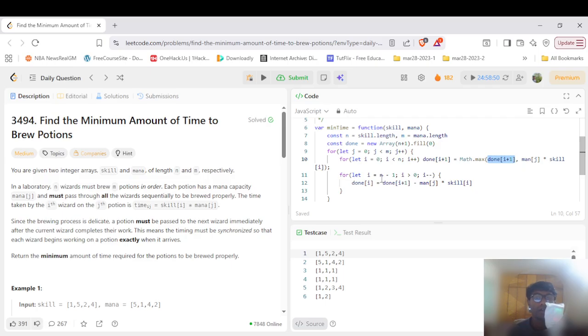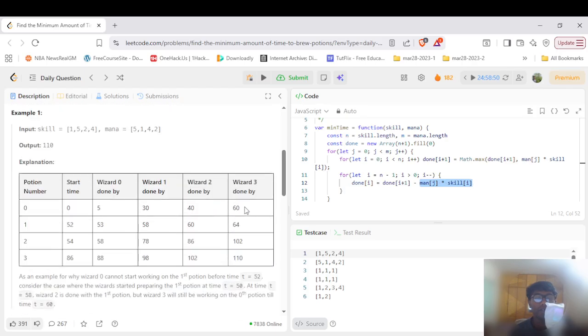Once we do that, we will iterate backwards, wherein we will calculate a specific value, subtracting the previous two values. Like for example, the last skilled worker might be available, as we see here, at the 60th time.